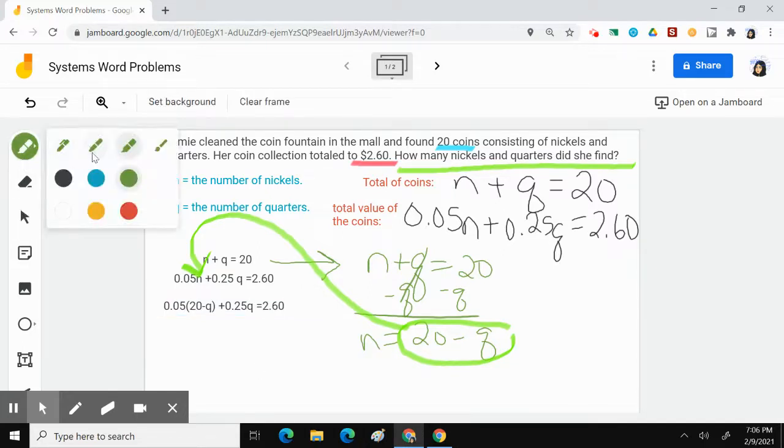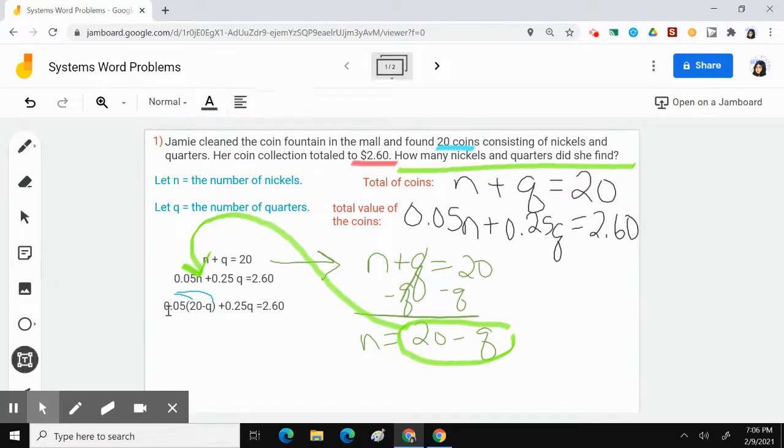And my next step is I'm going to go right ahead and distribute this 0.05 to each of my terms. So I'm going to do 0.05 times 20, and that's going to give me 1. And then I'm going to do 0.05 times negative q, which is going to be negative 0.05q, plus 0.25q, and that's still going to equal $2.60.